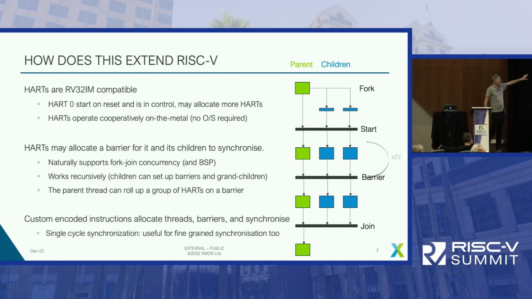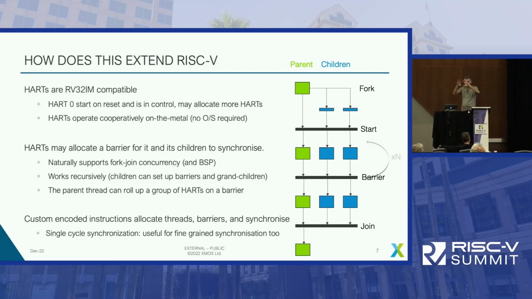So this model is very close to a fork-join processing model, right? Where you fork out, you process in whatever way you fancy, and you join up in the end. The nice thing is the way we've implemented it, these barriers are single cycle instructions.